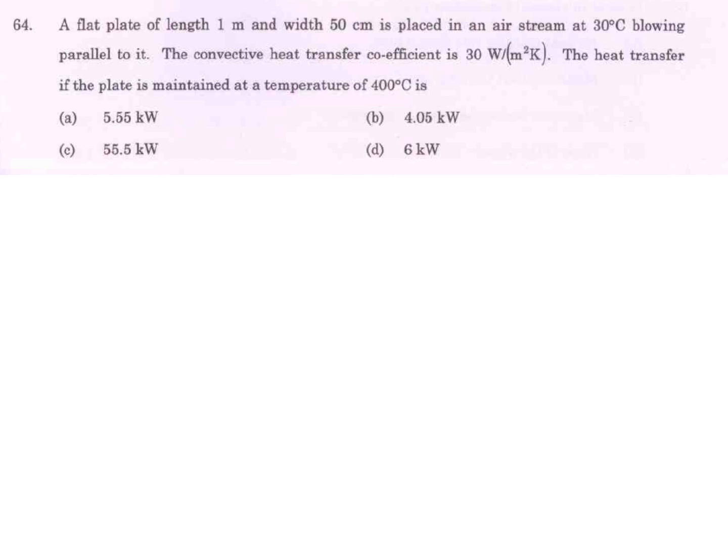Here data given are surface area is 1 into 0.5 is 0.5 meter square. Then air stream temperature is 30 degrees Celsius and surface temperature Ts is 400 degrees Celsius. H also given 30 watt per meter square Kelvin.